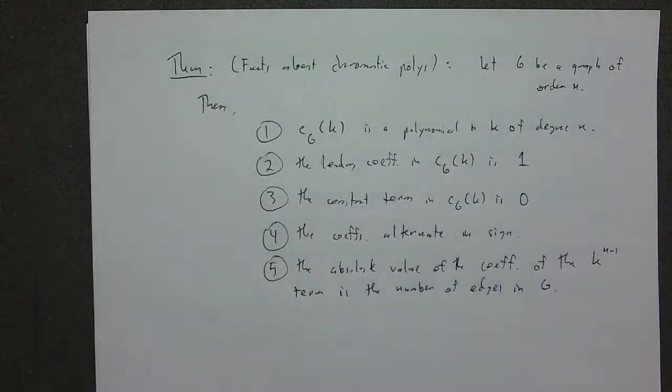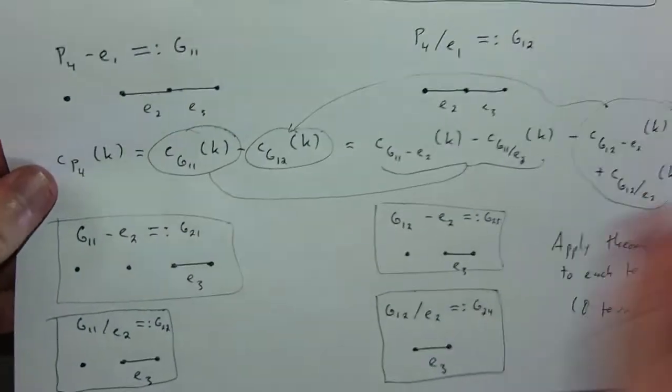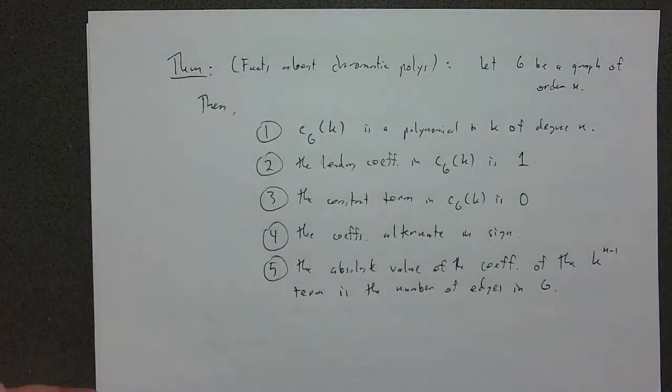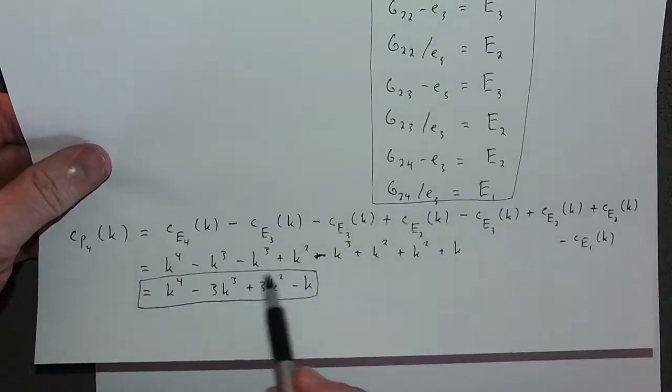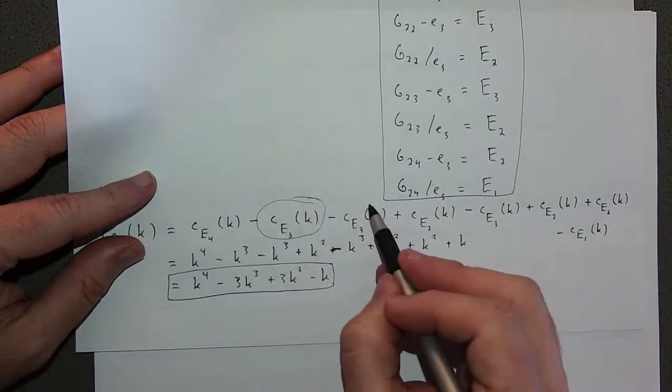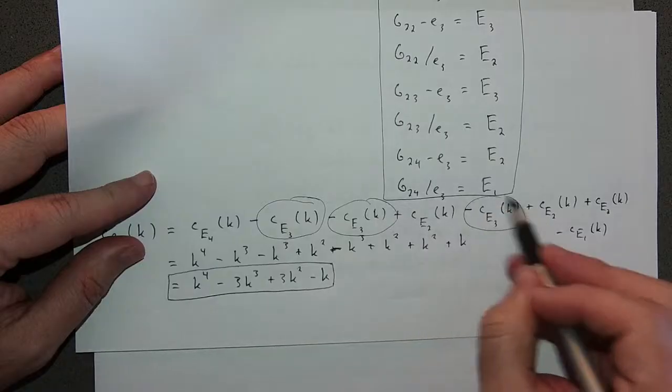Now, that's a nice fact to have. This isn't super deep, though. Think about why this is. In that example we just did, follow the process and how we perform these operations on the graph, and think about how each of the terms that gave us a k cubed, so here was one of them, here was one of them, here's another one.